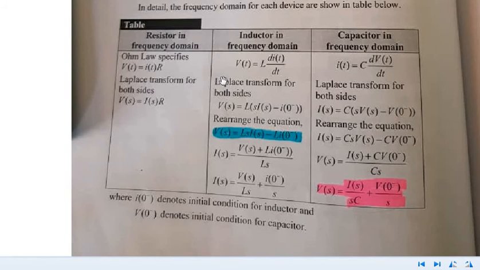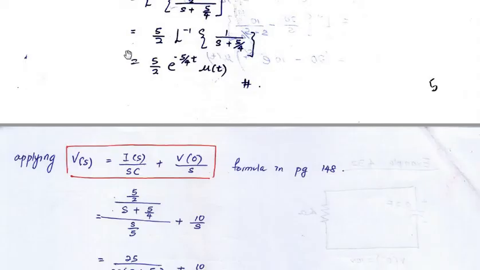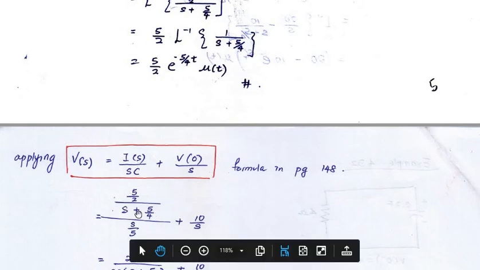From page 148, you have the capacitor in the frequency domain: Vs equals Is over sC plus V0 over s. So we will use this formula that I showed you just now. Then Is is what we found just now.